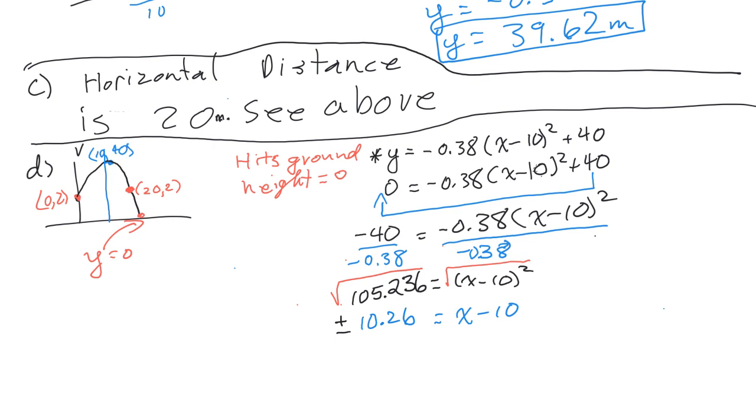So in this case, we've got x minus 10 on this left side here. And what we're going to do is take this minus 10 and move it over in front of this plus sign here.